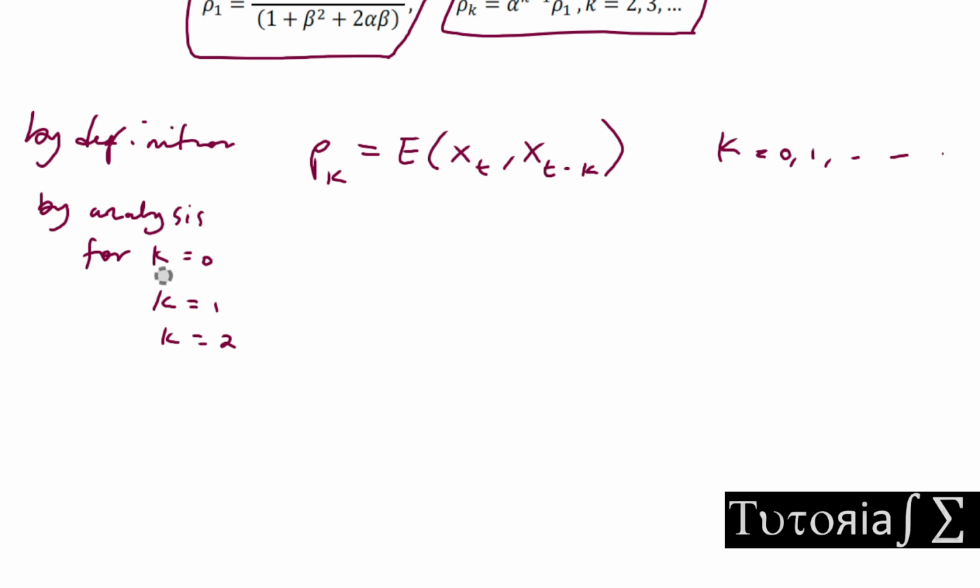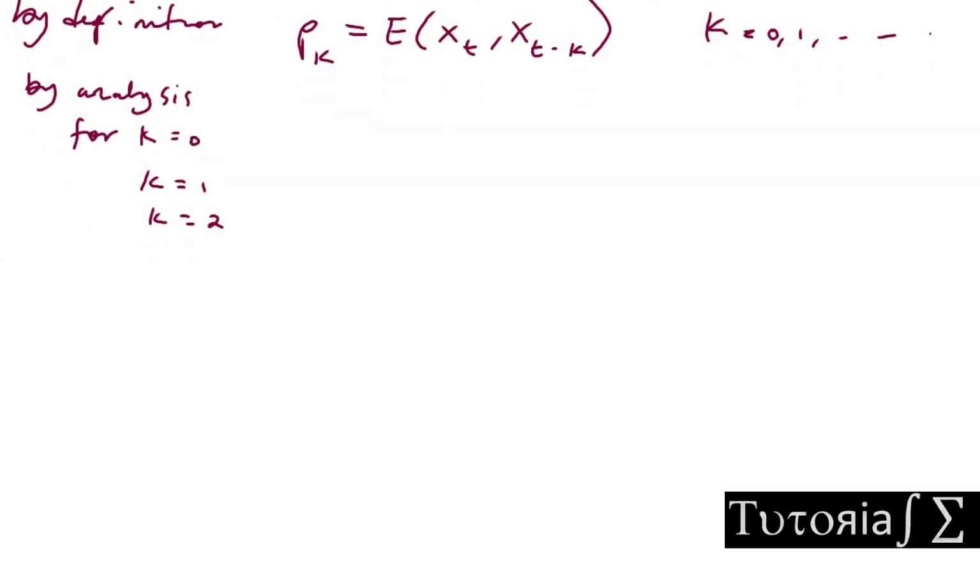We're going to check what rho k is for k equals 0, k equals 1, and k equals 2. And from these three sequences, we can define the nth or the kth sequence. All right, so that's what we're going to do. So we start with k equals 0.